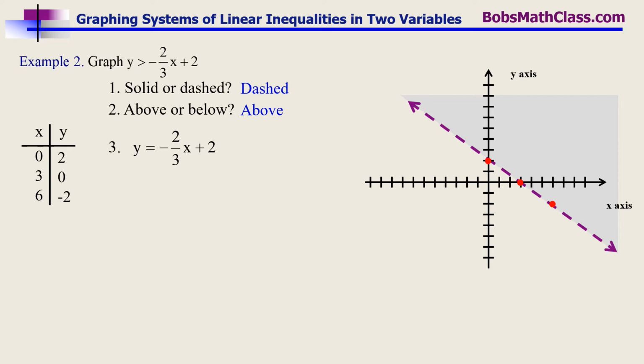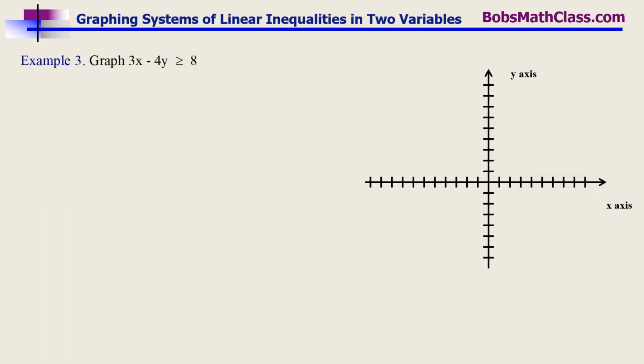Okay, let's go to the next problem. 3x minus 4y greater than or equal to 8. This one's a little bit different, right? It doesn't have the y by itself on the left-hand side, so we're going to get y by itself.